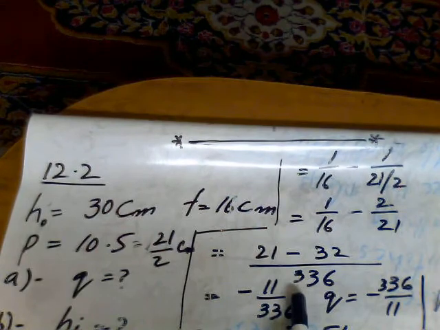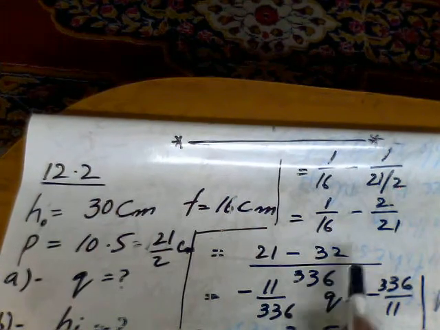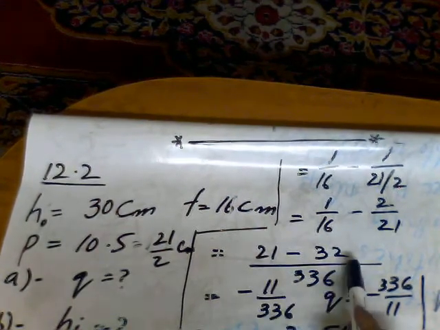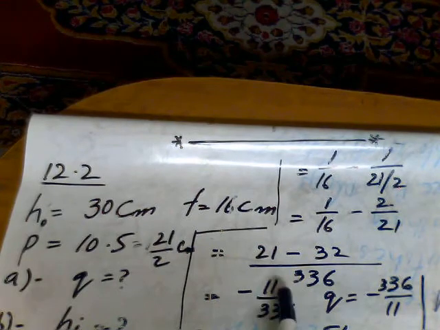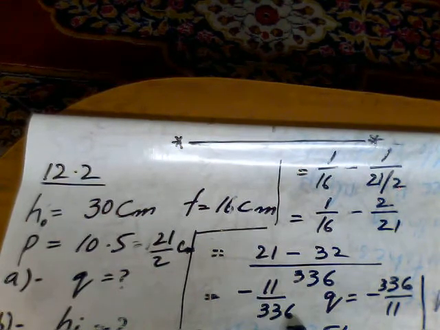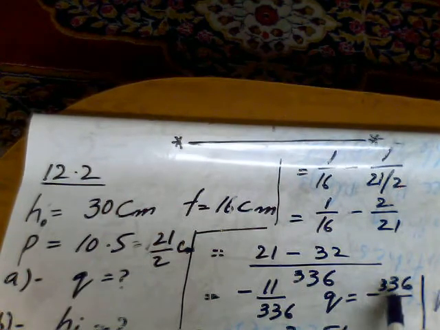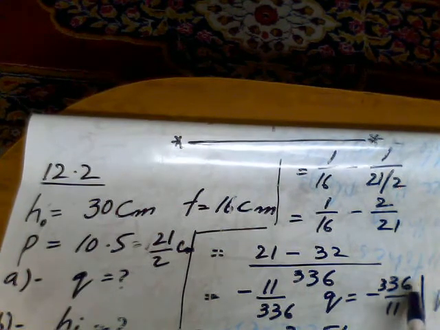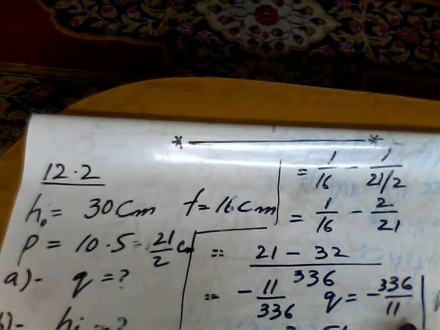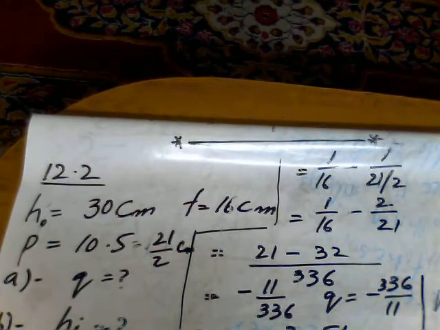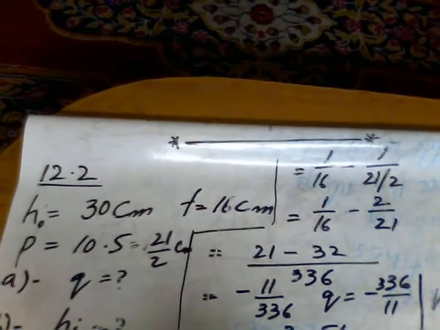After taking its LCM and simplifying, we get 21 minus 32. LCM is 336. While we simplify this portion, we get minus 11 over 336, meaning q is equal to minus 336 divided by 11. While we simplify, it comes to 30.54 centimeters.